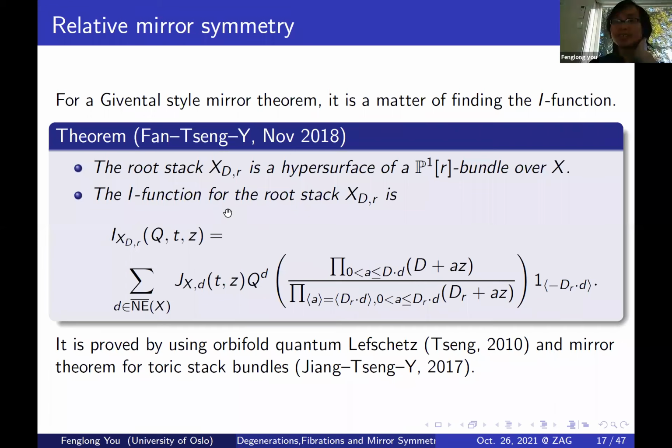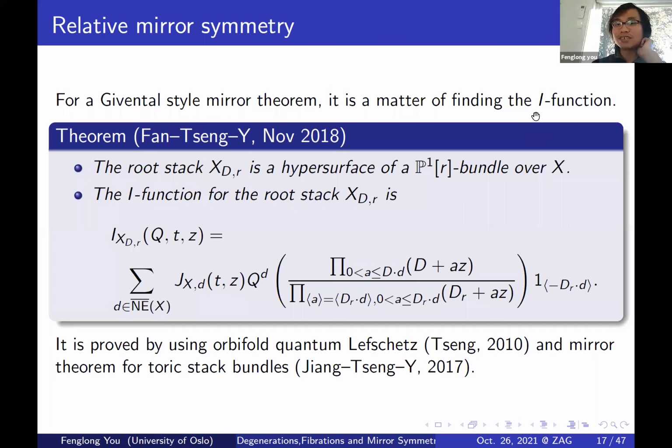For relative mirror symmetry, which we plan to talk about here, under this principle, relative invariants are considered as a limit of orbifold invariants. And so we just need to study this orbifold. The enumerative mirror symmetry statement is about a generating function of relative Gromov-Witten invariants with periods, and these periods are called the I function here.